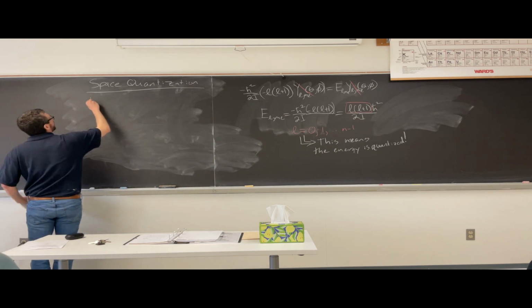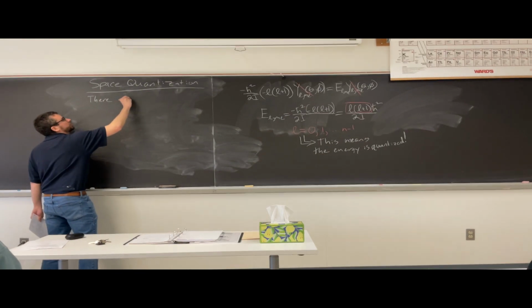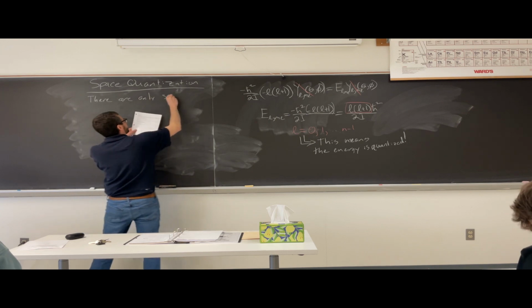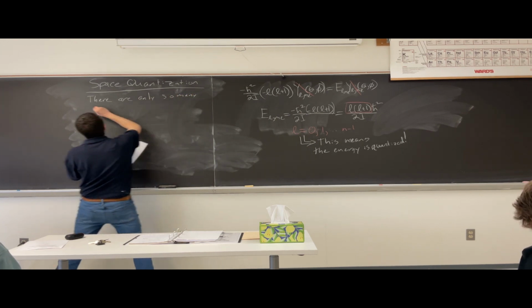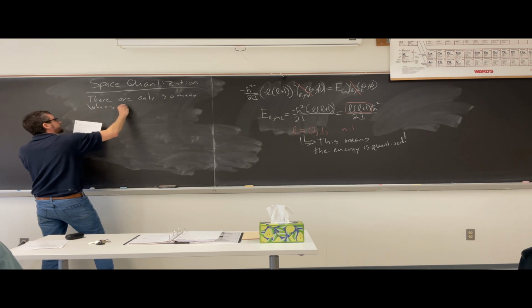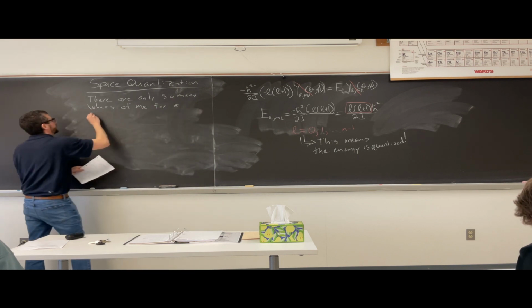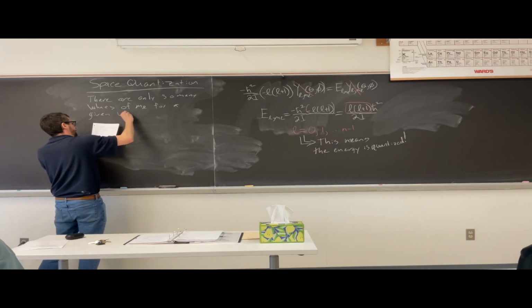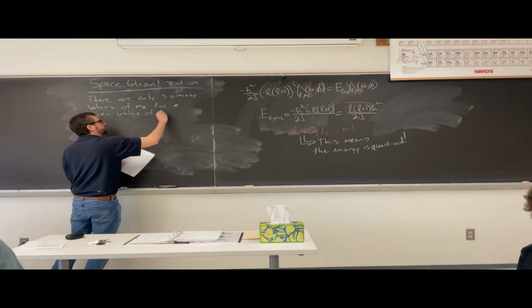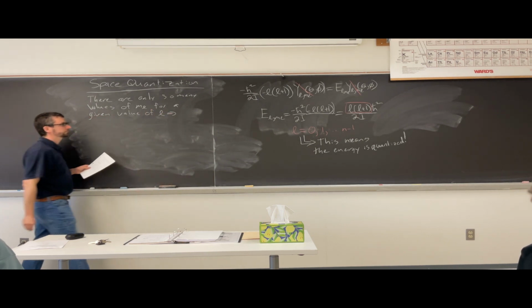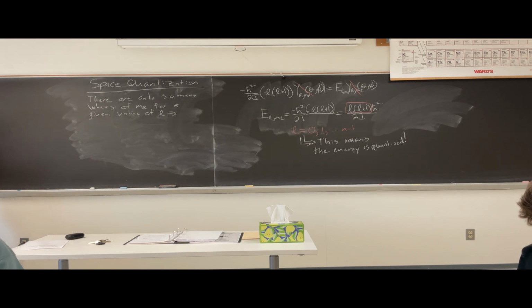So there are only so many values of M sub L for a given value of L. If you had to come up with a generic relationship or a formula to calculate the number of M sub L values, what would it be? Yeah.